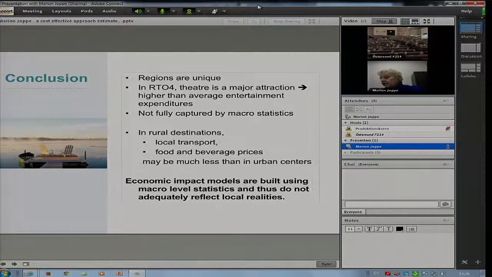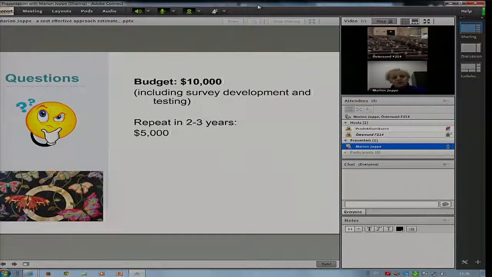Now, not every region has the Meridian reservation model, and therefore we will not be able to replicate this for all regions, but it will be replicated in those that do have the Meridian model, because we'll be able to send out surveys and determine the spending in their regions and where the differences occur. And with that, I would like to open it for questions.